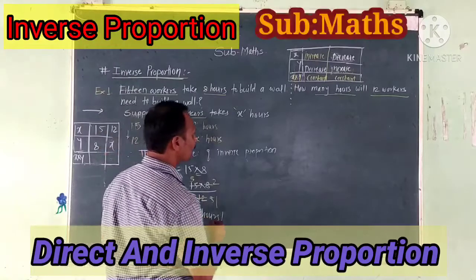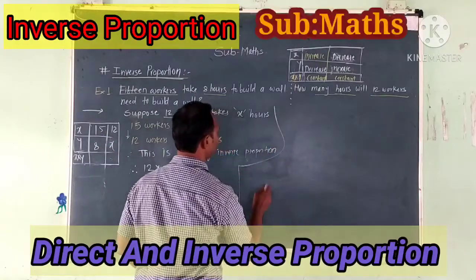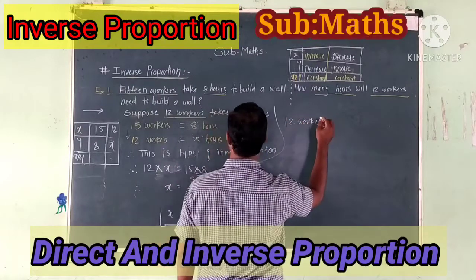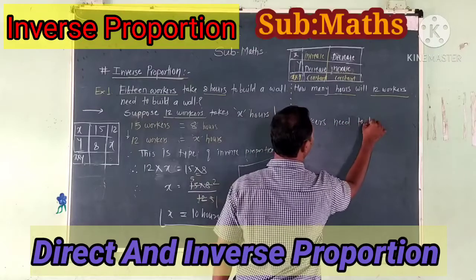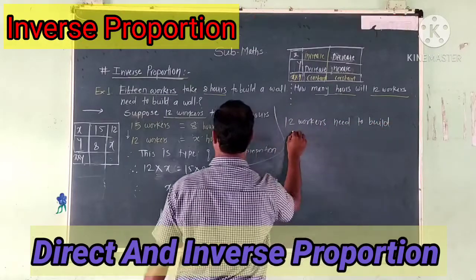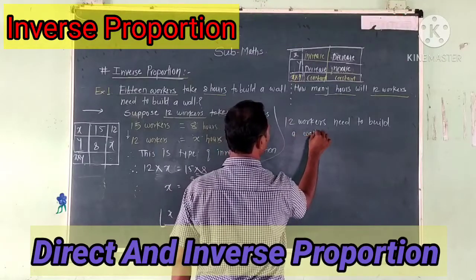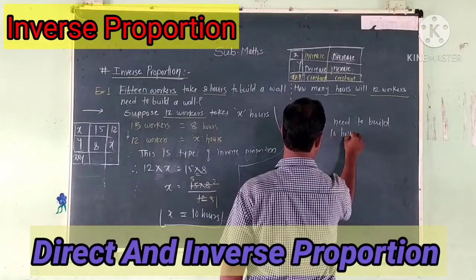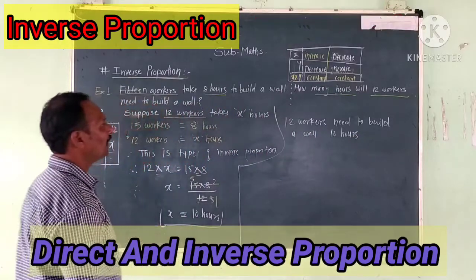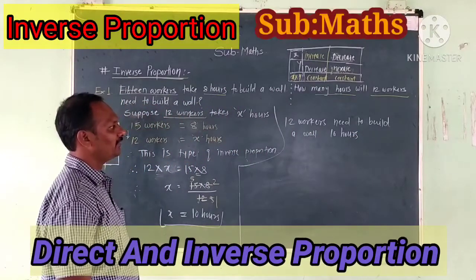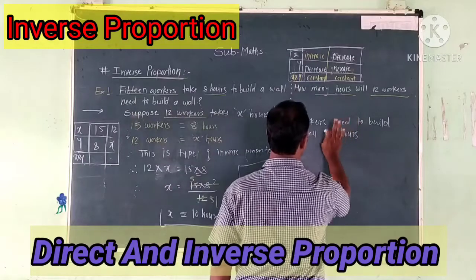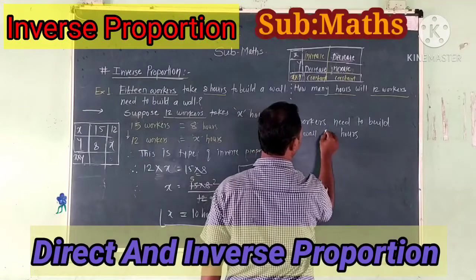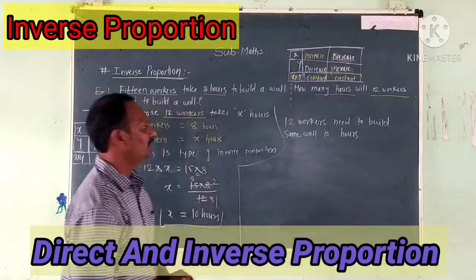So you write: 12 workers need 10 hours to build the wall.